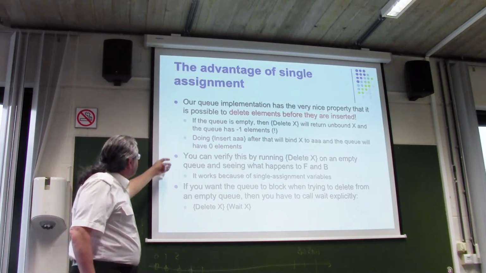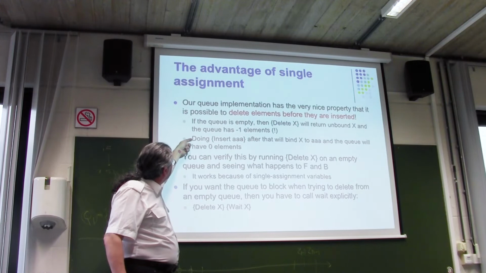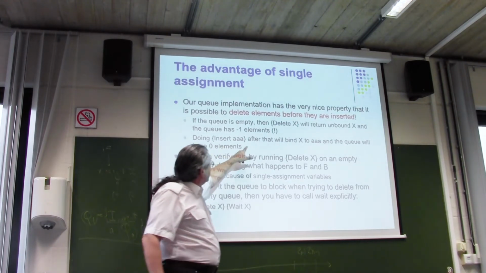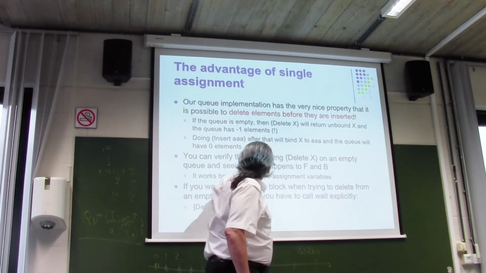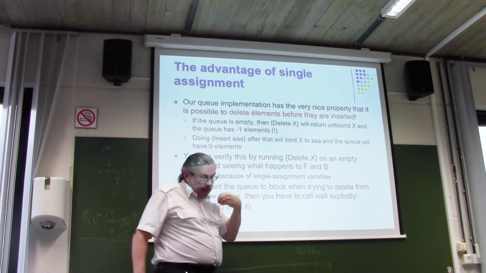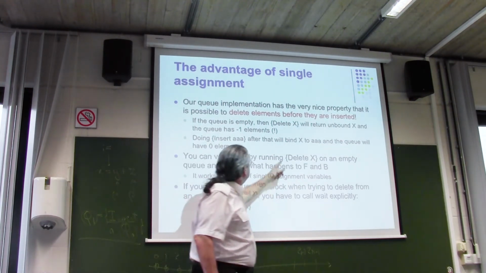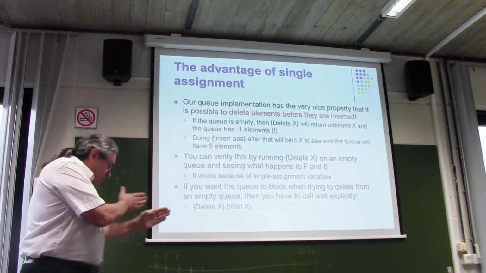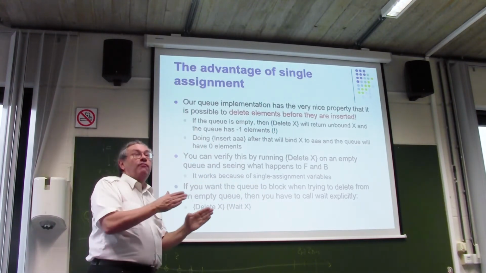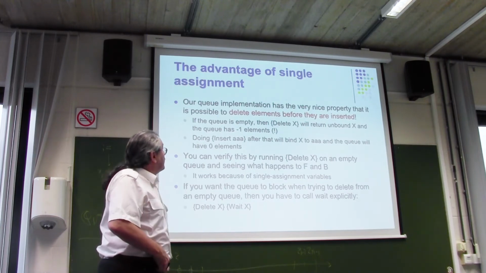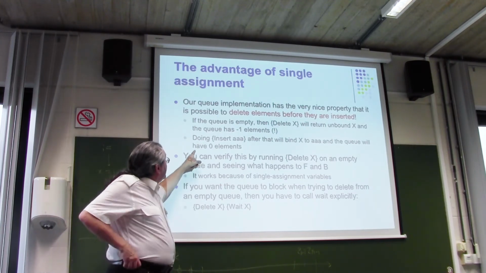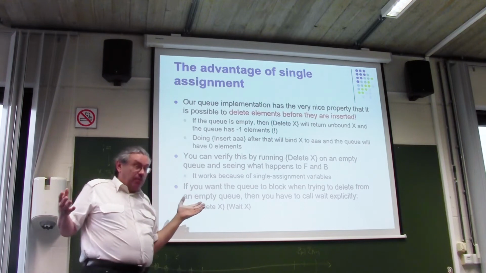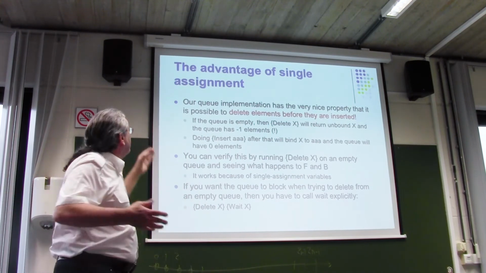How does that make sense? Well, it means the next time you do an insert, that will be the X. So the next element inserted will be the one that you deleted. That means there's no constraint really on the order of delete and insert. That works because of single assignment variables. You can see it's actually a very powerful concept.